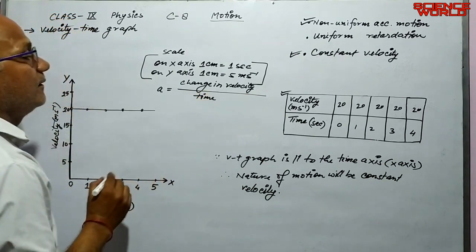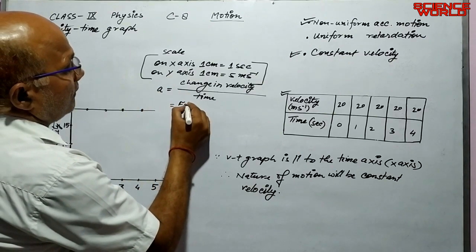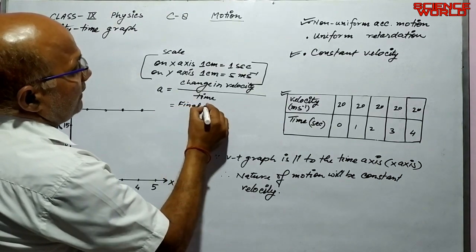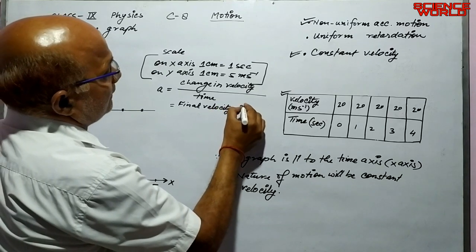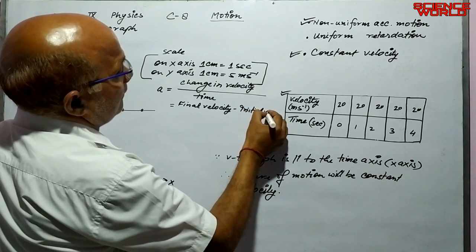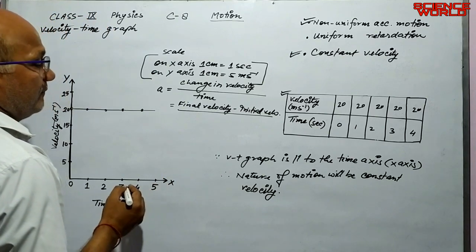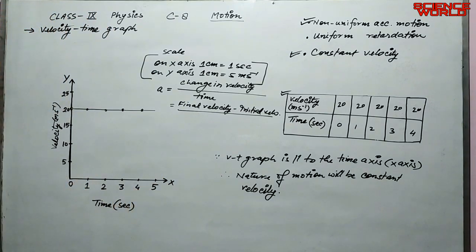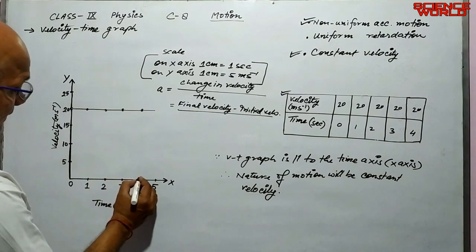Change in velocity means final velocity minus initial velocity, upon time. Between any time interval we can find the acceleration of the body. Let us take between 2 and 4 seconds.